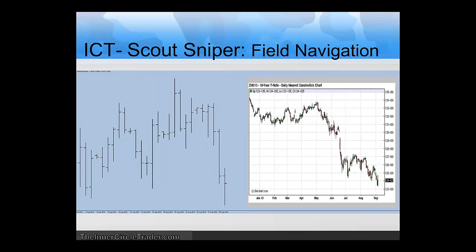Okay, we are looking at a 10-year T-note daily chart. And I'm sure you're probably asking yourself, okay, when did we enter the commodity realm? Well, I started as a commodity trader, and I learned from Larry Williams, one of my first mentors, that the interest rate market was basically the market that controlled just about every asset class there is.